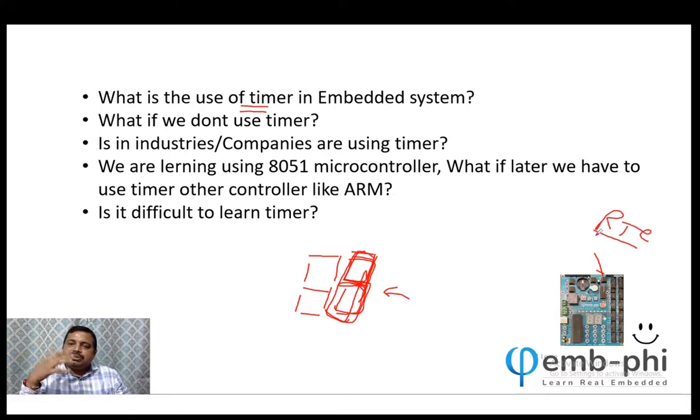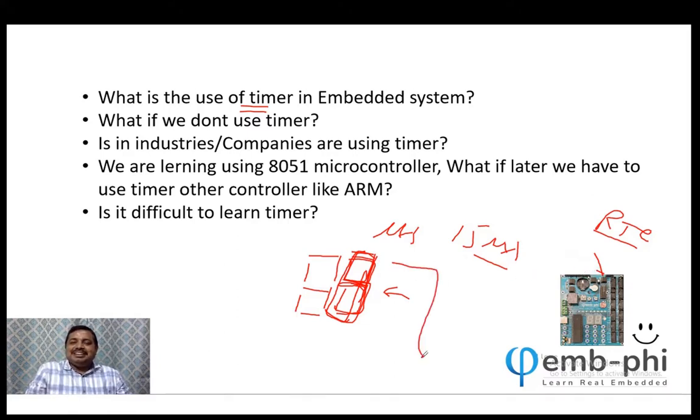So that alternative is fine, but if you don't want the alternative, you can use the timer. Consider you want some microsecond delay, like every 15 microseconds you want to do something. Then your RTC won't give 15 microseconds. Then you need to use some other mechanism, and that other mechanism is the timer.